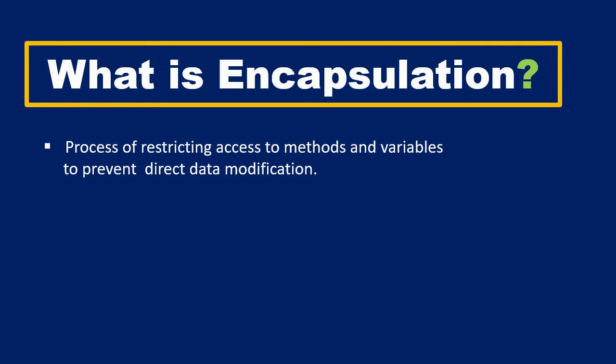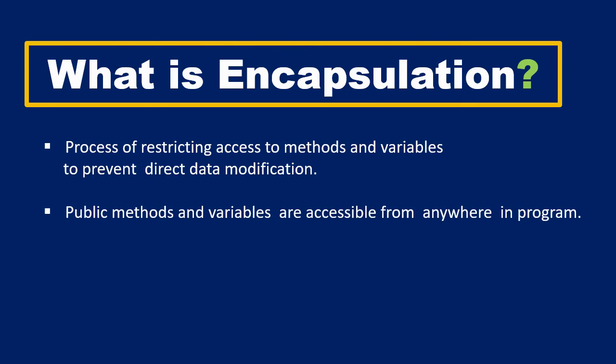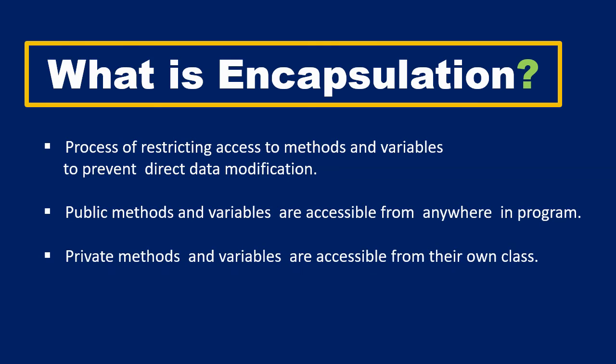Public methods and variables can be accessed from anywhere within the program, while private methods and variables can be accessed only within their own class.